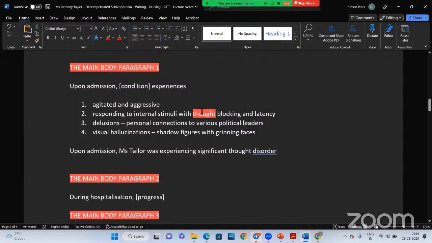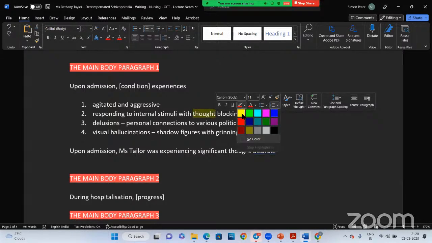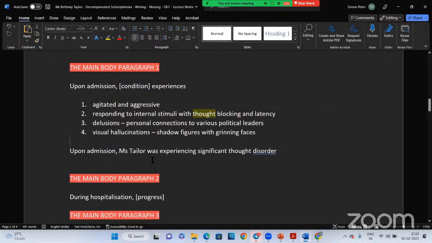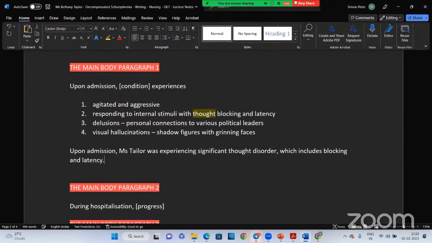So, significant thought disorder, which includes thought blocking and latency. That is the sentence we have used.